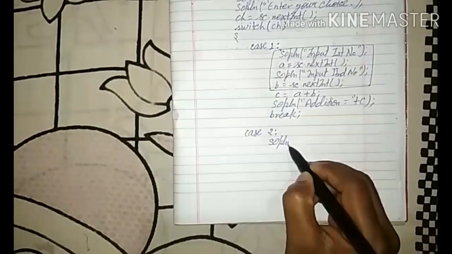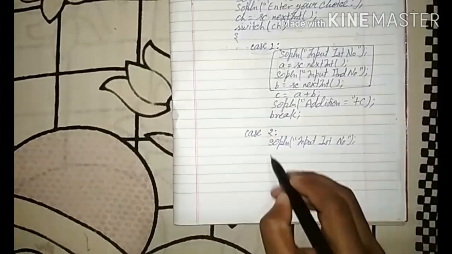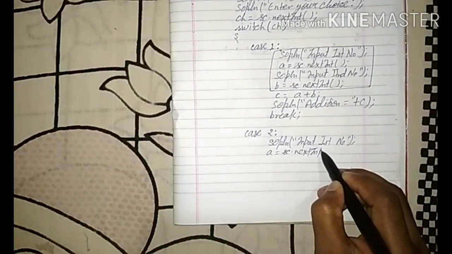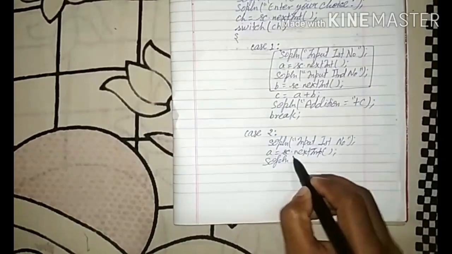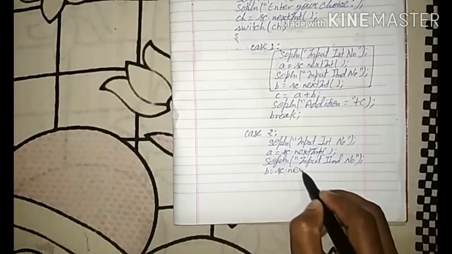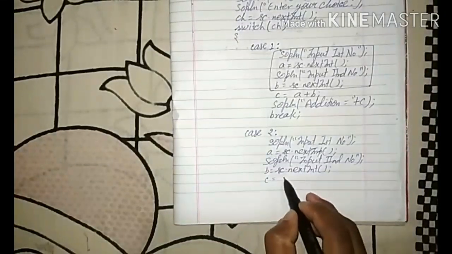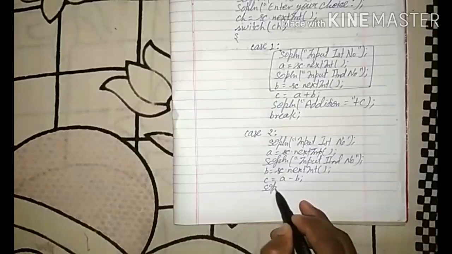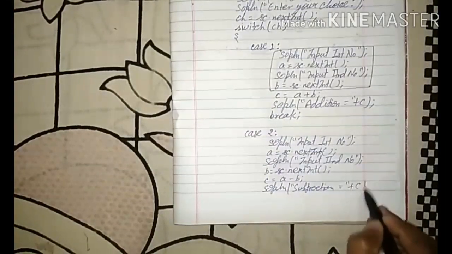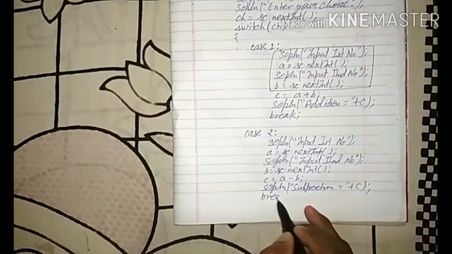Again we have to write like this: input first number, and A is equal to SC dot next int, and SOPLN input second number, B is equal to SC dot next int, and because case 2 is for subtraction, C is equal to A minus B, and we can write SOPLN subtraction is equal to plus C. Okay, after that break.